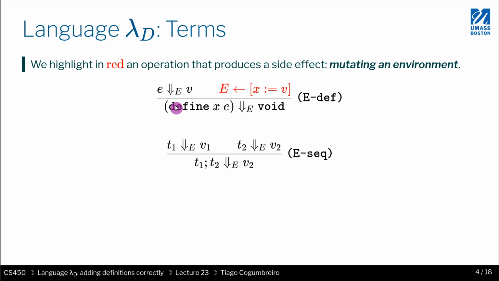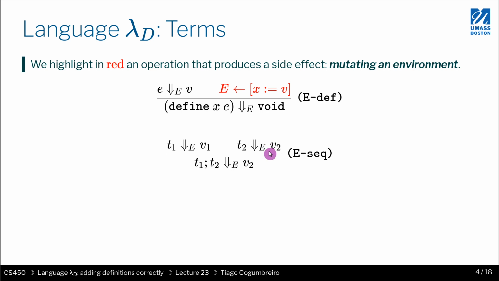The idea behind define, let's start from sequence. The idea behind sequence is that it's very similar to Lambda F. You take the first term and execute it recursively, and that returns some value, which we ignore. We don't really care about it. Then we execute T2, and we return the value of recursively evaluating T2.